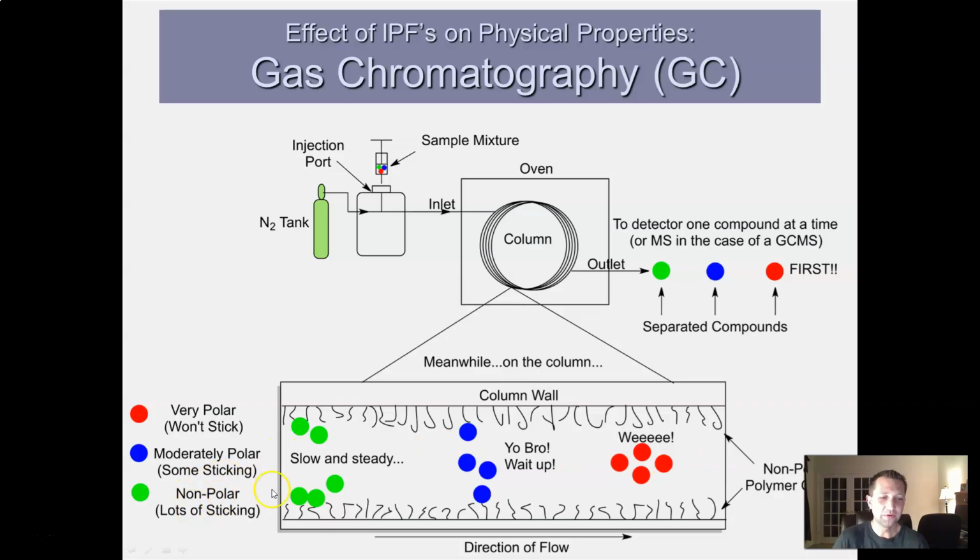The non-polar components, they get stuck to the column wall, right? Because they're attracted to it. So they're going to go slower through that column. This is used to analyze a lot of different things. It's used in a real life scenario. Hopefully it doesn't apply to you, but sometimes if somebody gets pulled over and the police officer suspects not good things are occurring, you take a urine test or a blood test.